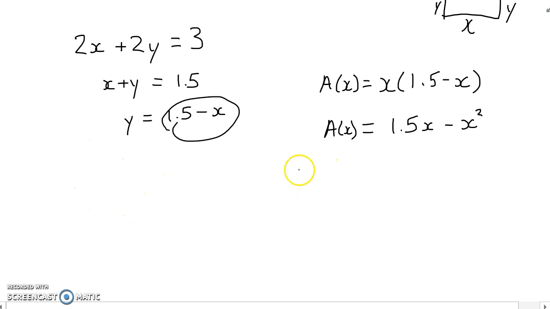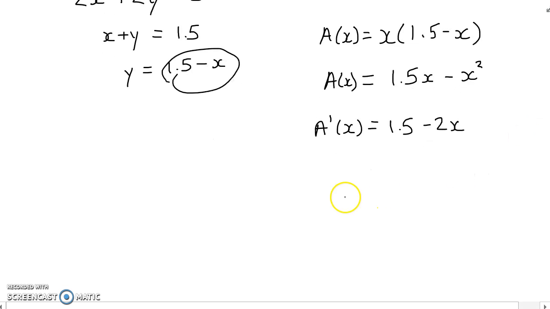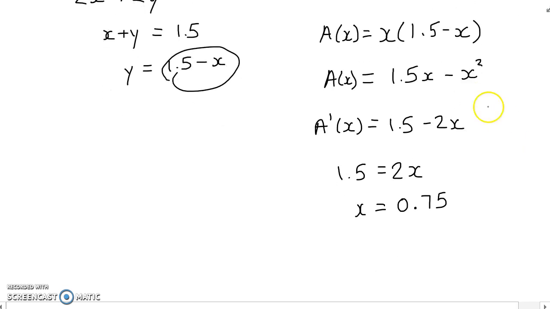So to find the derivative, quite simple, A prime of x would equal 1.5 minus 2x. We set this to 0 to find critical points, so we get 1.5 equals 2x, therefore x equals 0.75. So now that we have this critical point, we're going to plug this back into the main area equation, which is right here.